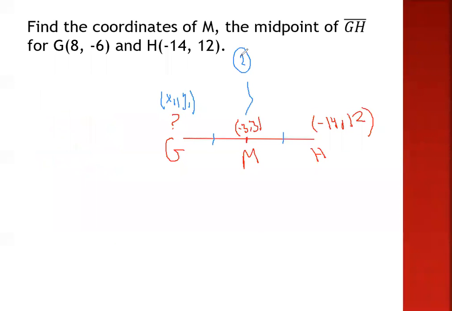Again, Ahmed, quickly. 2 times negative 3 equal negative 6 minus negative 14. So the answer will be equal 8.